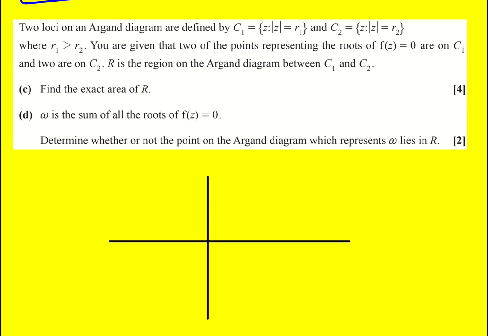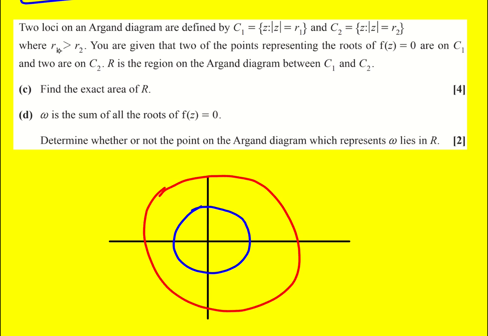Now, what does this actually give? I think it's always worth sketching it. It's the modulus of Z is some constant radius, so it's going to be a circle centered at the origin. And then for the second one, we've got another circle centered at the origin. Now we've got that R1 is greater than R2, so let's say that this here is R1 and this here is R2. I could draw an arrow on to show the radius. It's going to be the radius throughout the circle, but I'm just going to give the X value at this point.